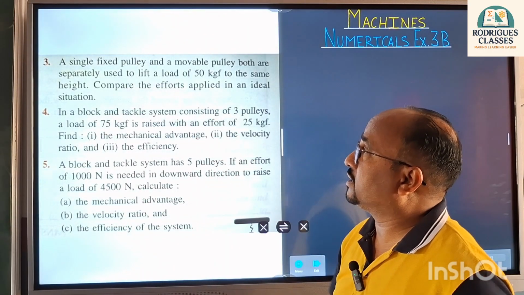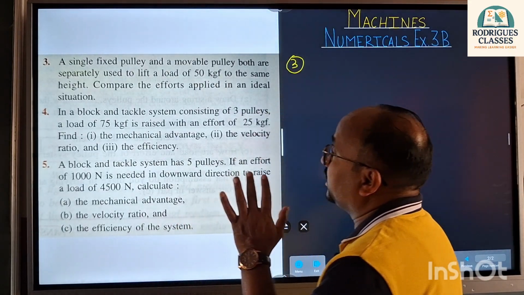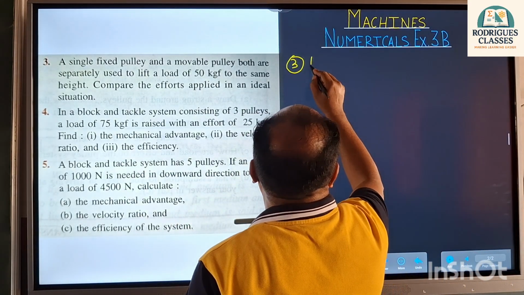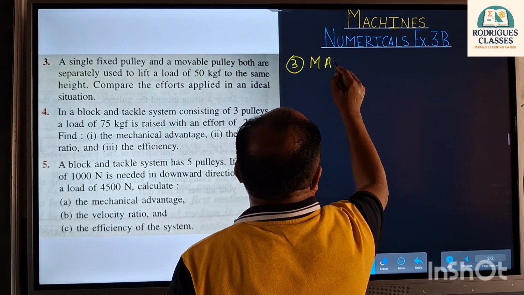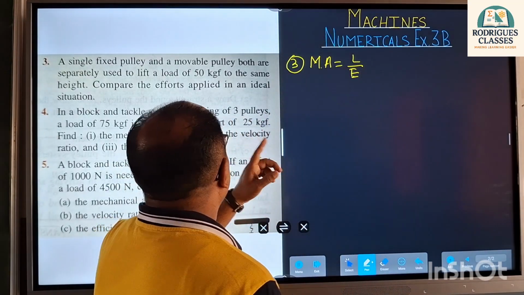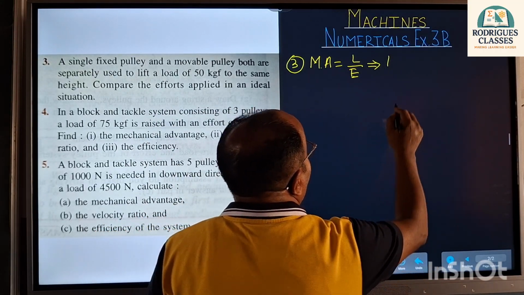So first of all, it is a single fixed pulley. So in a single fixed pulley, the mechanical advantage formula first we will write. Load by effort. Okay, single fixed pulley has a mechanical advantage of 1.